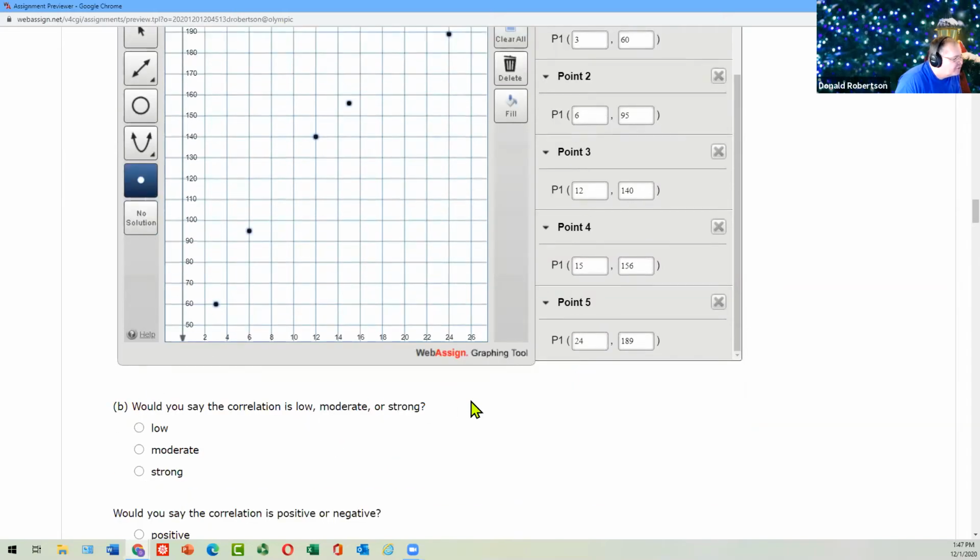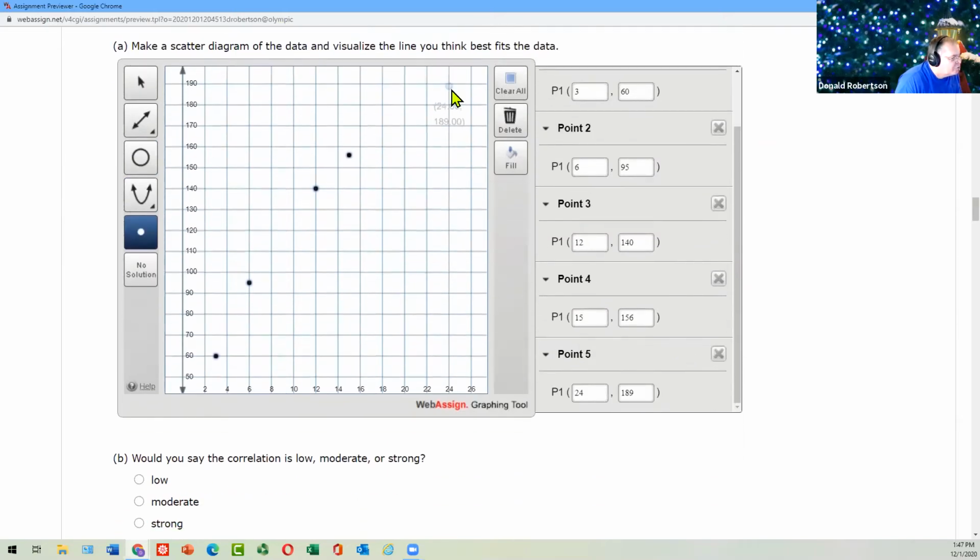Because that's going to be the answer. What's your guesstimate? Well, I'm going to guess for us then. I'm going to say it's pretty strong.